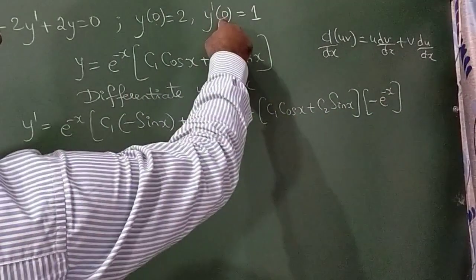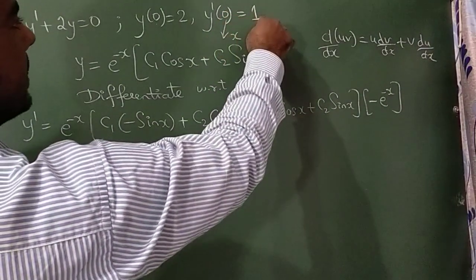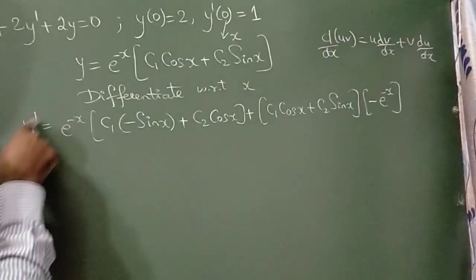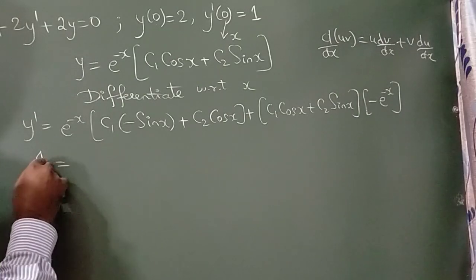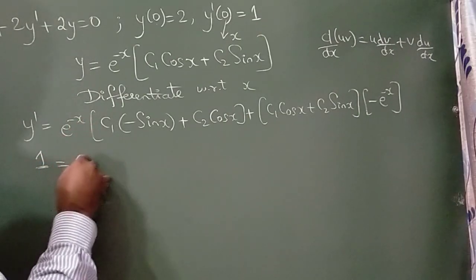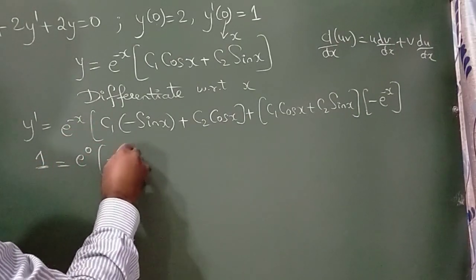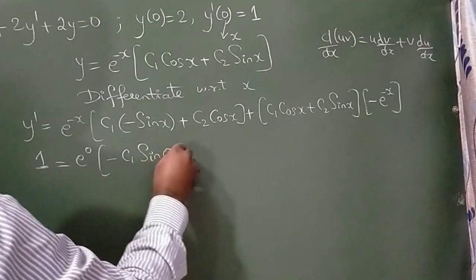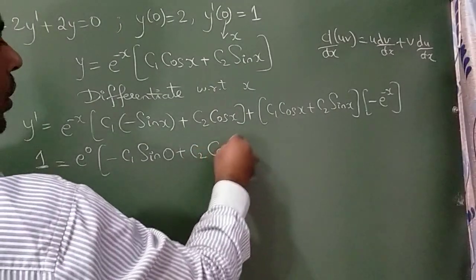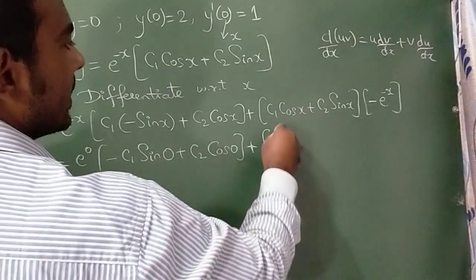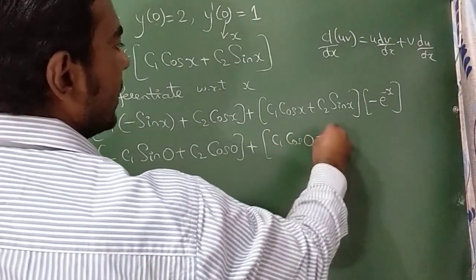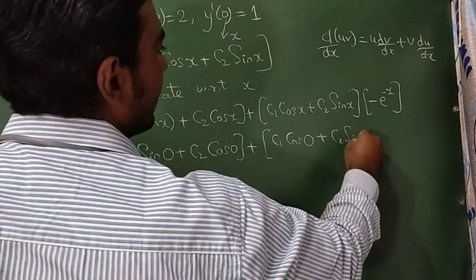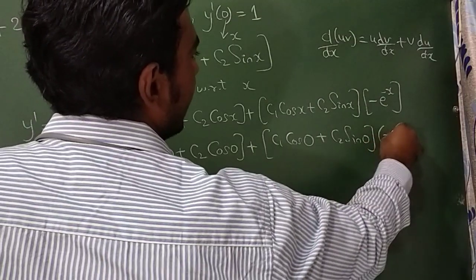Now I have to substitute this. So this is your x value and this is your y dash value. So in place of y dash I must substitute 1 and in place of x I have to substitute 0. So minus c1 sin 0 plus c2 cos 0, plus c1 cos 0 plus c2 sin 0, and e raised to 0.